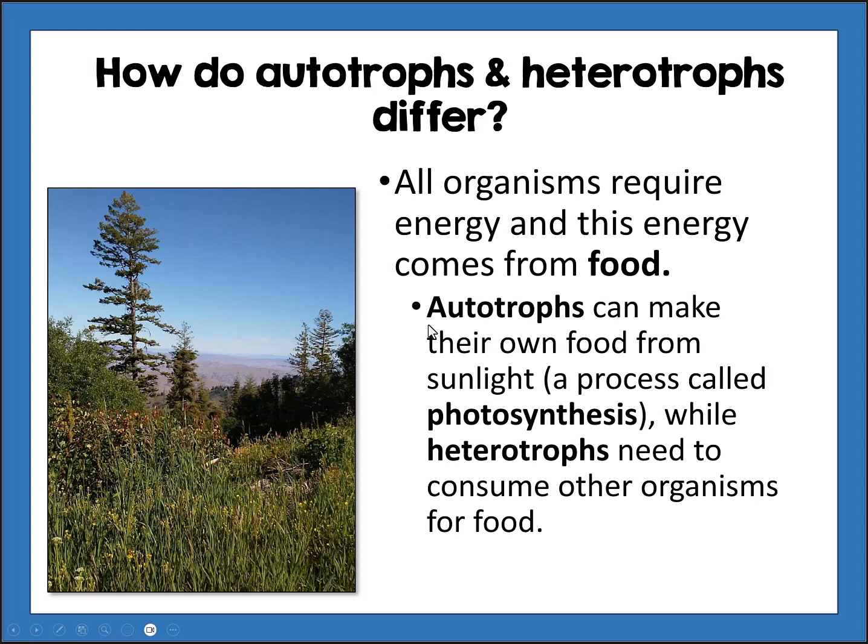So auto meaning self, they can make their own food, troph, food. And that process of making their own food is called photosynthesis. While heterotrophs, hetero different, trophs to eat, so they need to consume other organisms for food. They need to get their food from a different source. They can't make their own.